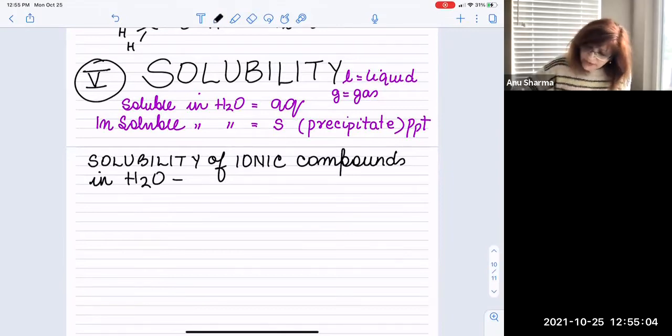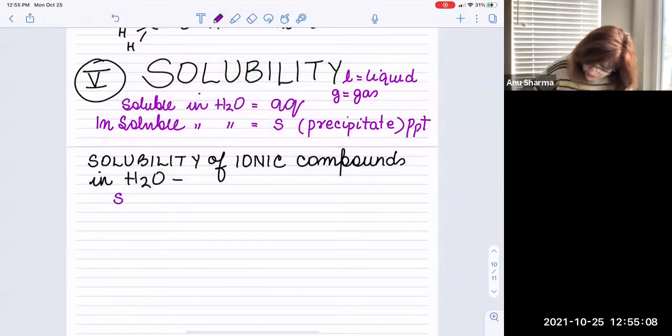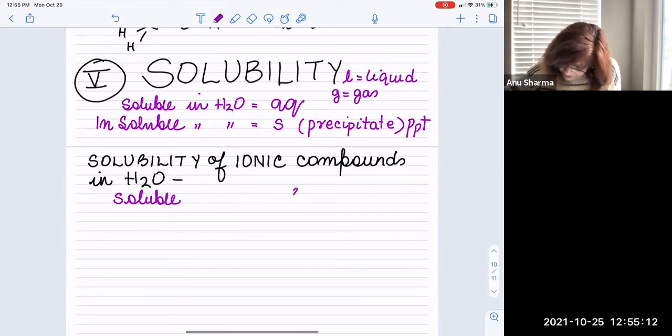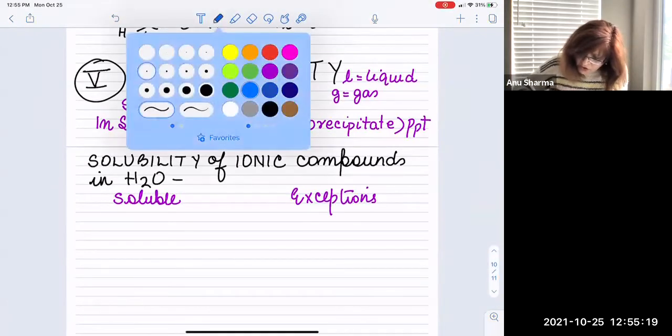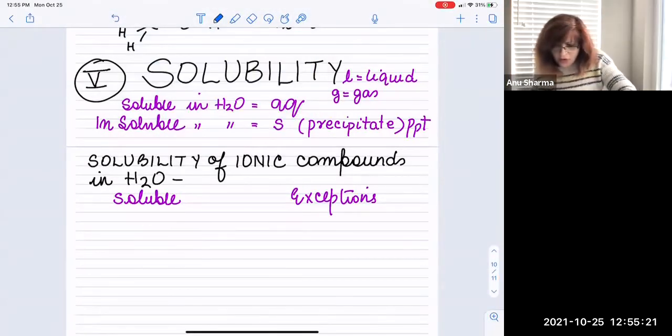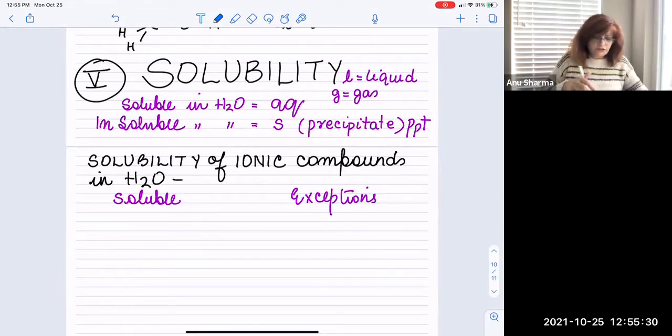Okay, so now we will look at this. Let's put it here, soluble. And then here, these are the exceptions. So let's do this. All chlorides are soluble. So where was that? One second. It's also given in your handout on page 10.